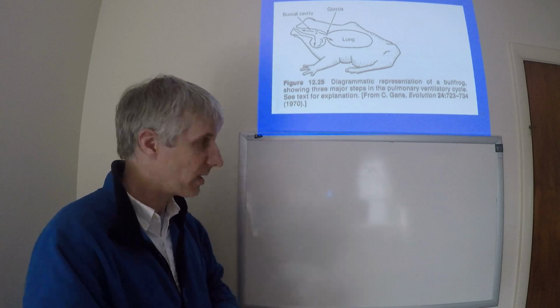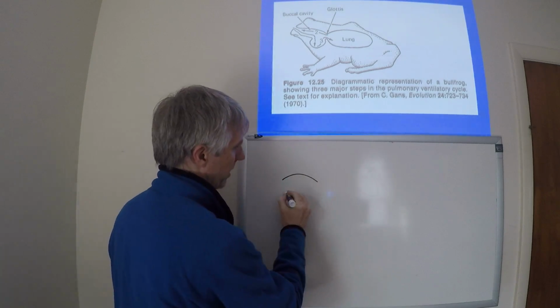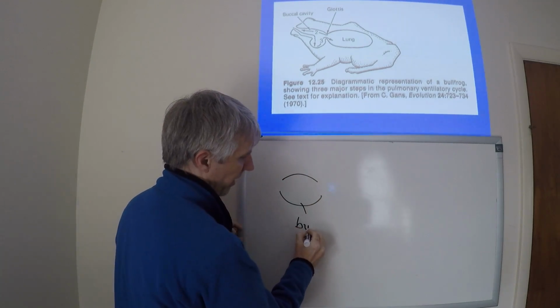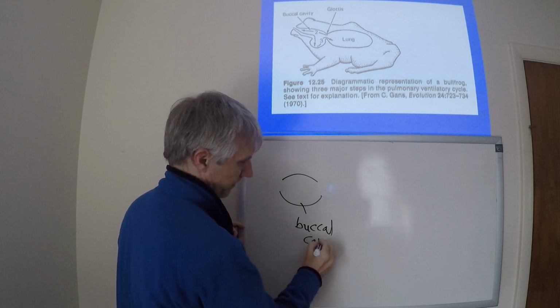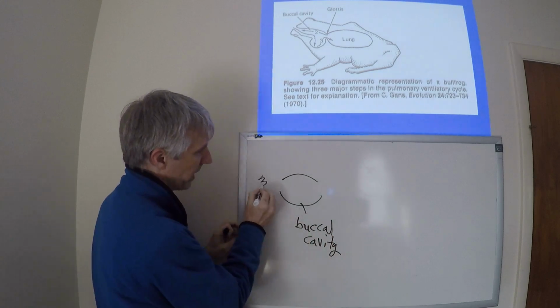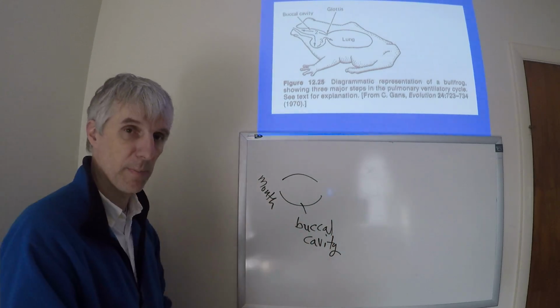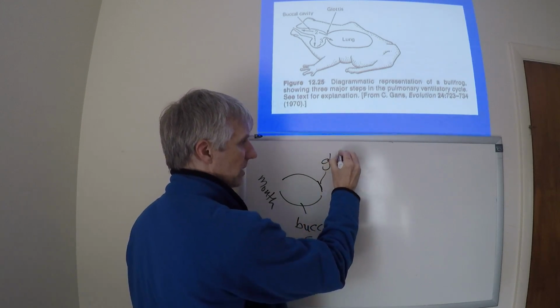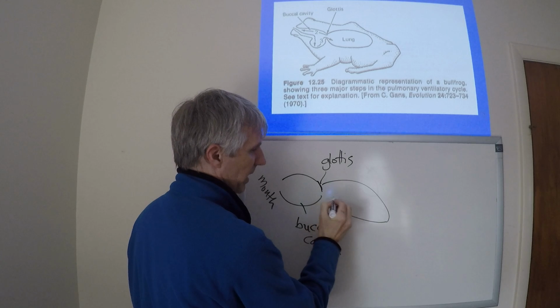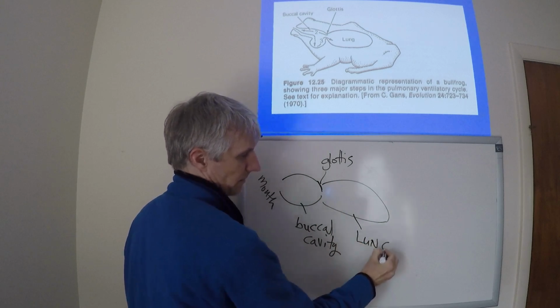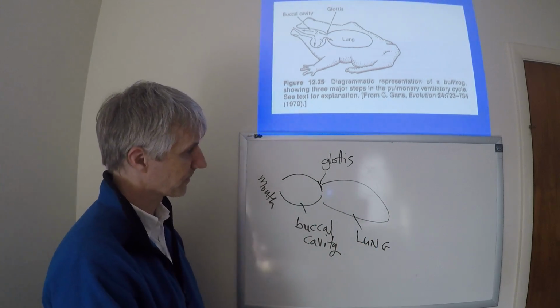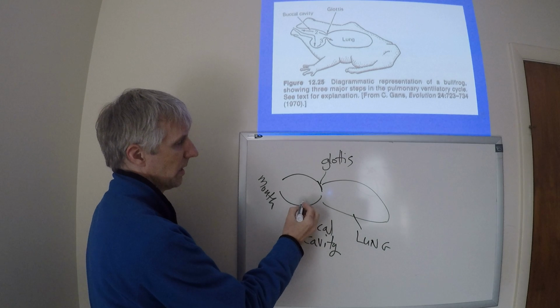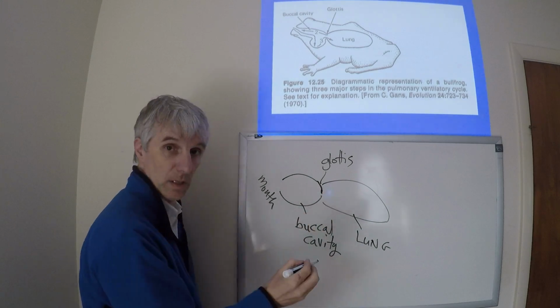So what the frog is going to do, here, there's the buccal cavity. That opening to the buccal cavity again is the mouth, and then here is the glottis. That's the opening into the lung. Okay. All right. So I keep the glottis closed.